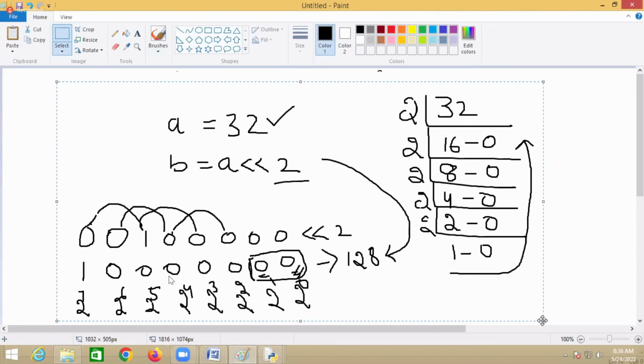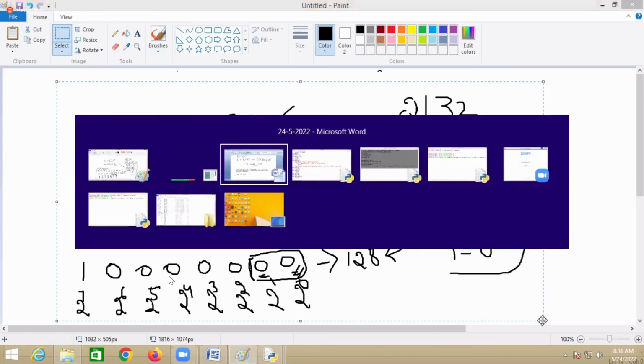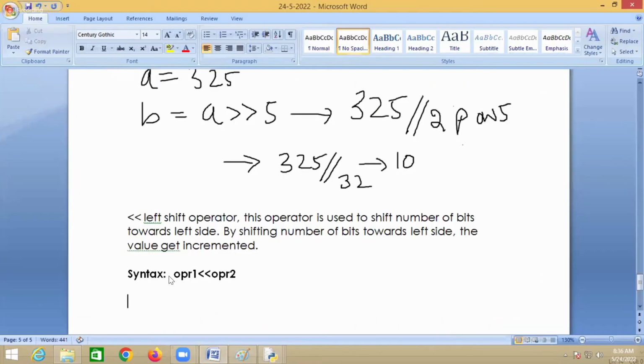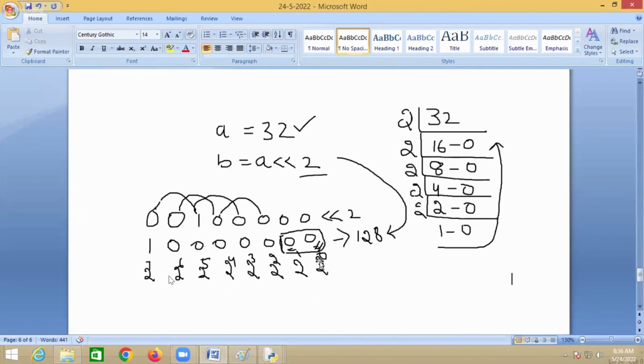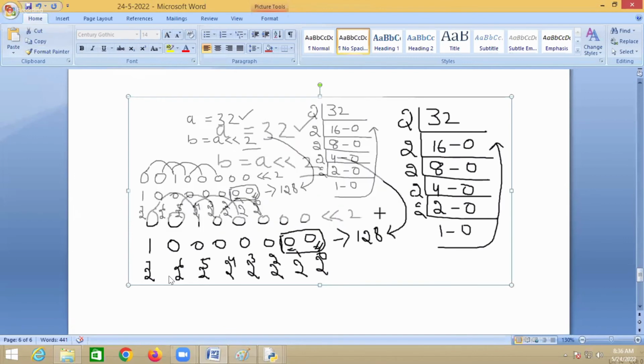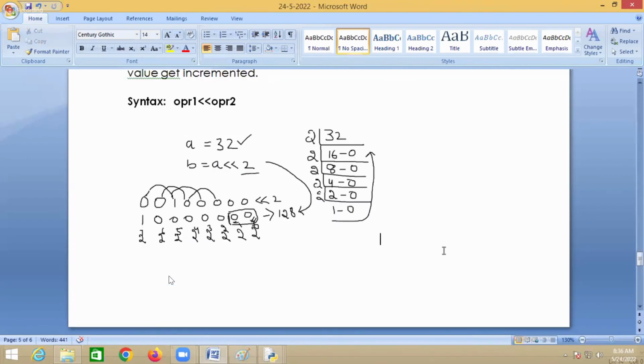When you are working with binary operations and you want to increment or decrement values, not by adding 1 or subtracting 1, but by adding 1 bit or removing 1 bit, then I can go for shift operators.